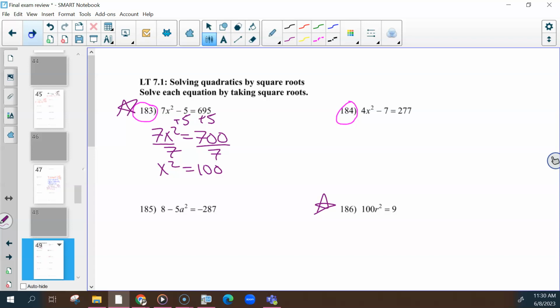You have to remember that when you take the square root, yes, it'll be a positive answer, but the negative also works. So it wouldn't just be positive 10, it would be plus or minus 10. And then write it as a solution set, either plus or minus 10, or you can separate it, least to greatest.